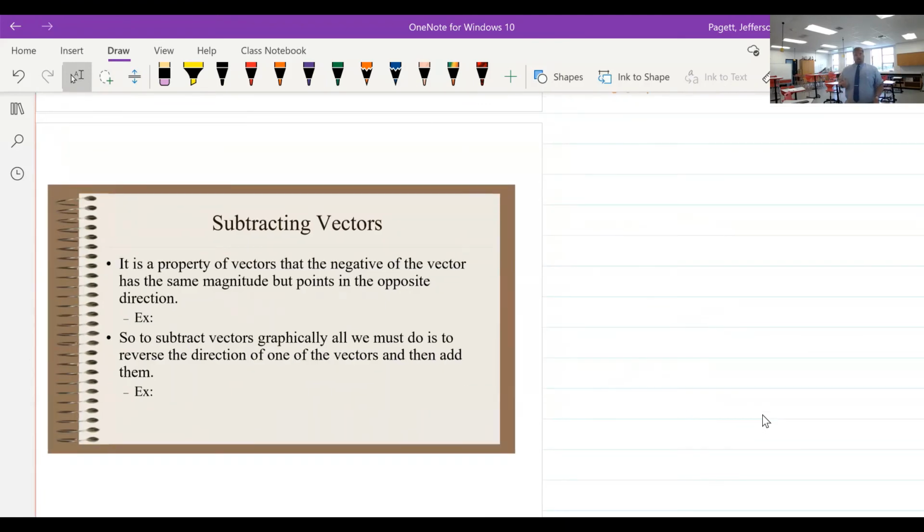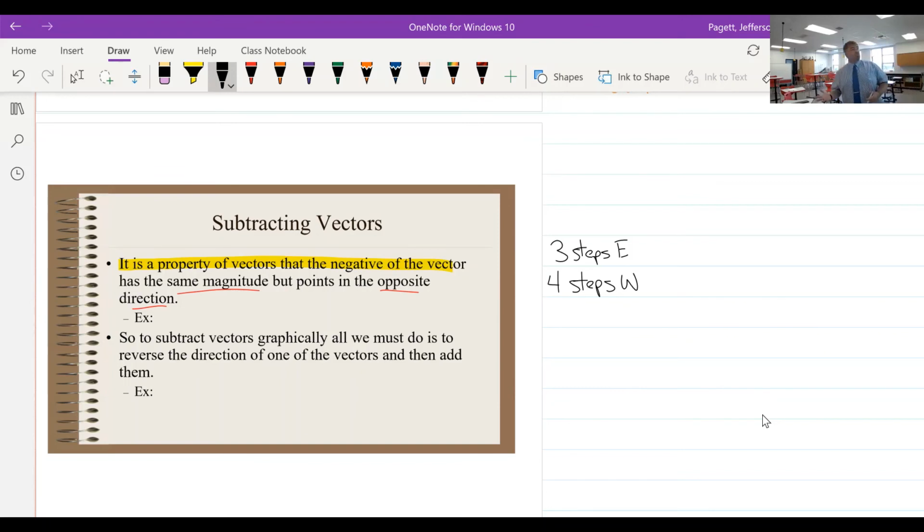If we want to subtract vectors, subtracting vectors is actually really, really easy. And it's because of this property right here. It's a property of vectors. The negative of the vector has the same magnitude, but points in the opposite direction. And so, if I go A plus B again, and we'll do the same ones before, we'll go 3 steps east, and we'll do 4 steps west.